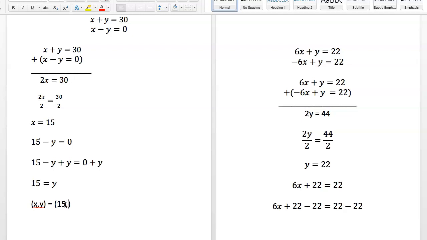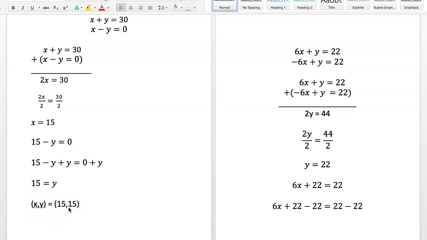Well, what about it? We have found that x equals 15 and y equals 15. Excellent. So if x and y are both 15, well, we need to put it in ordered pair format. So x comma y is just the ordered pair (15, 15).